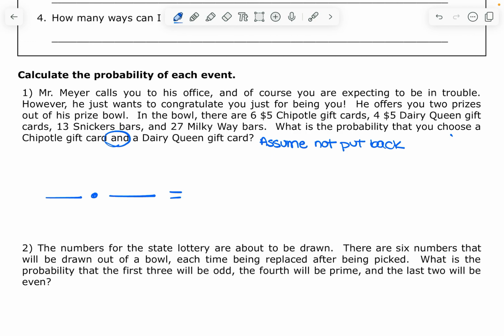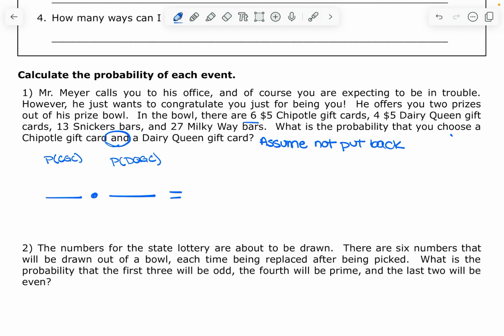So the first thing I want is the probability of a Chipotle gift card. The second thing I want is the probability of a Dairy Queen gift card. And we're going to assume that once I pick up that Chipotle gift card, I do not put it back in. So piece by piece, probability of getting a Chipotle gift card. Well, let's figure out the total.